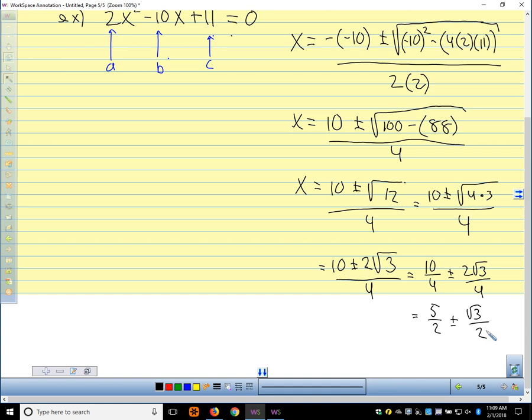So my two answers would be 5 halves plus or minus the square root of 3 halves. And to get one answer, I'd do 5 divided by 2 in my calculator plus the square root of 3 divided by 2. My second answer would be 5 divided by 2 minus the square root of 3 divided by 2. That would give me my two answers.